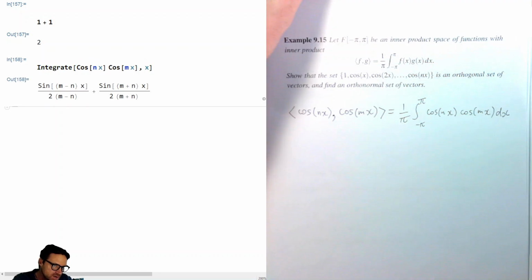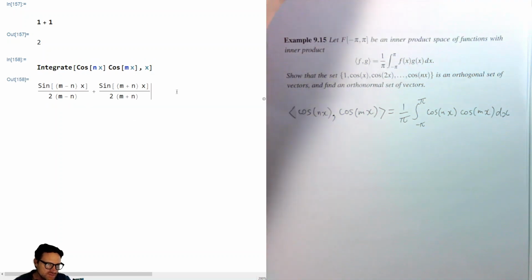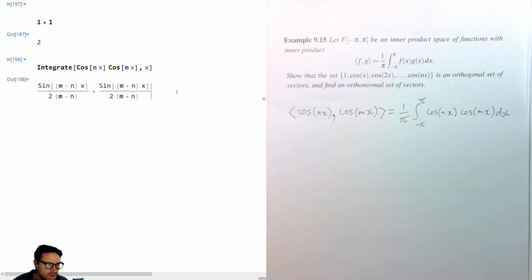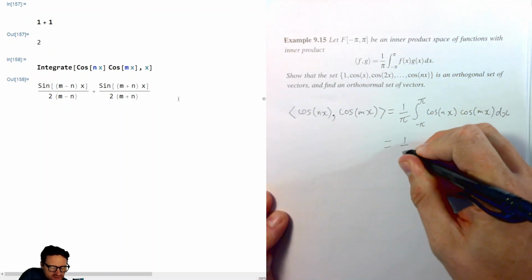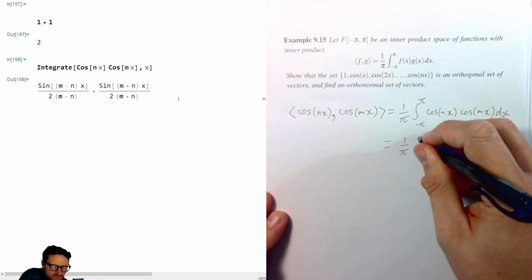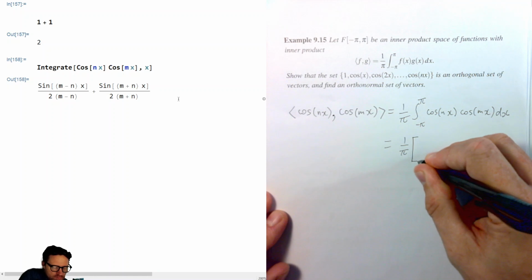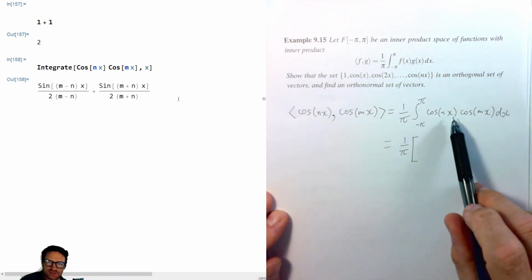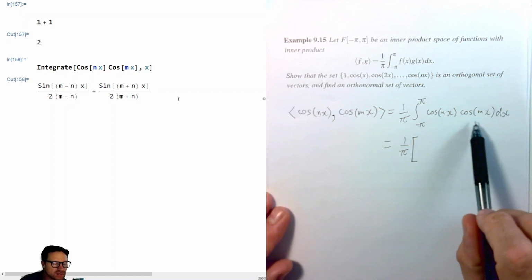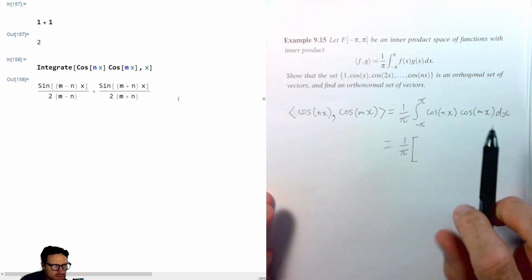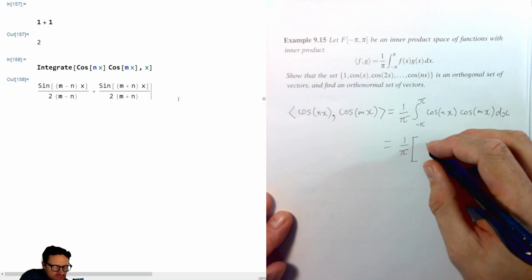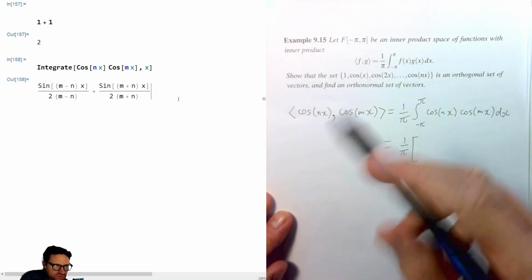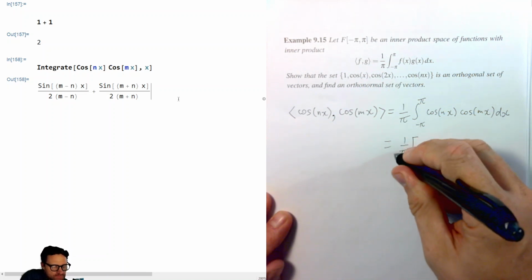Let's see if Mathematica will do this. Okay, Mathematica gives us this right here, so we can save a little bit of effort in actually calculating that integral. But I'm sure what you would have to do here is use an angle addition formula, most likely. Let's pull out the 2 that we have there.